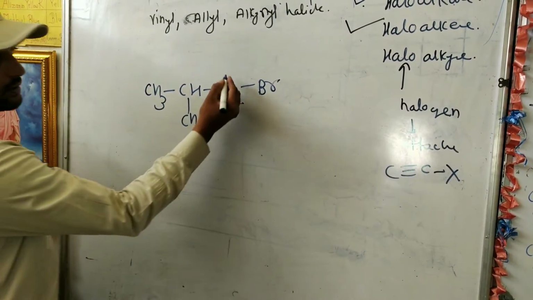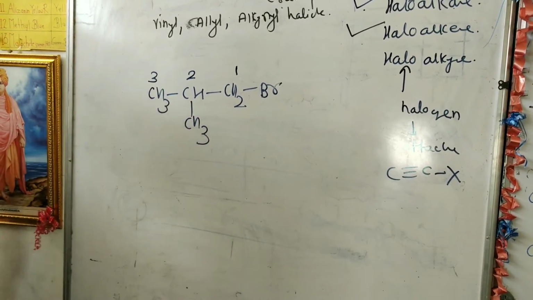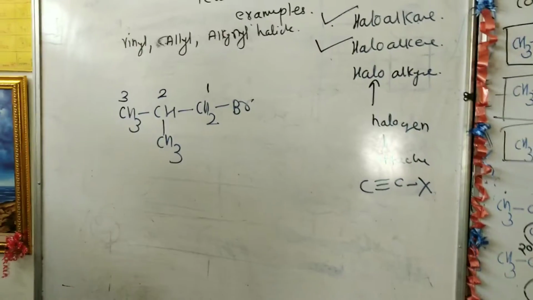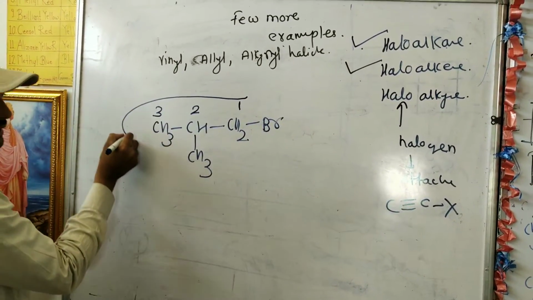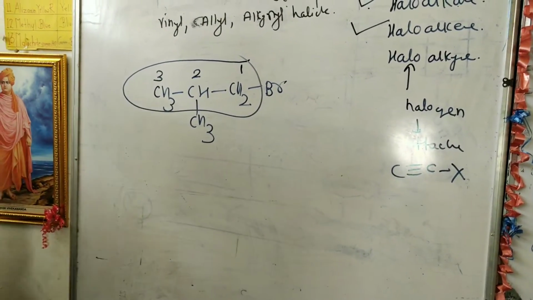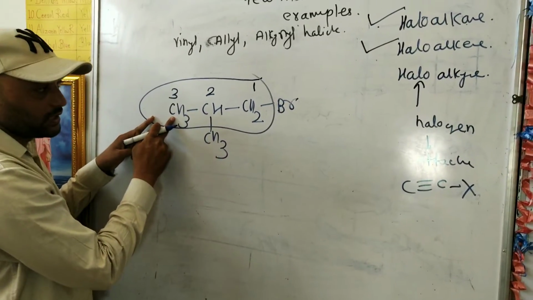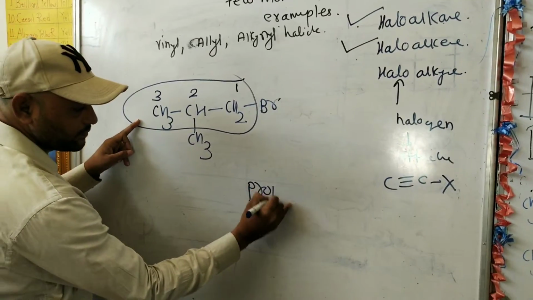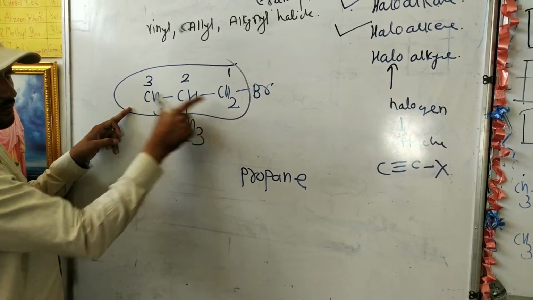That's why 1, 2, 3. Once you select the longest chain, it is indicated by a circle for your convenience. So how many carbon chain here? 3. It's called propane. 1, 2, 3. Called propane.